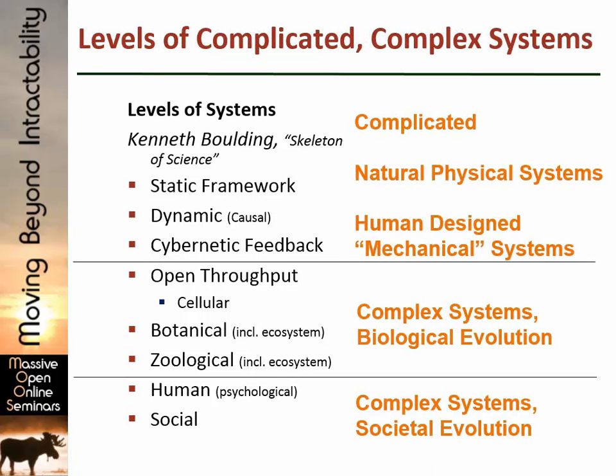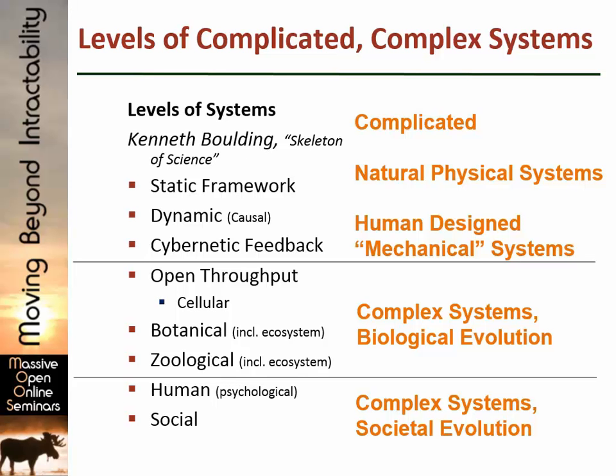Now, overlay on this the distinction that we had before between complicated and complex systems. For the first three levels, statics, dynamics, and feedback systems, you're really talking about complicated systems. This is the way the physical world works. And it's also the way in which mechanical systems designed by humans work.